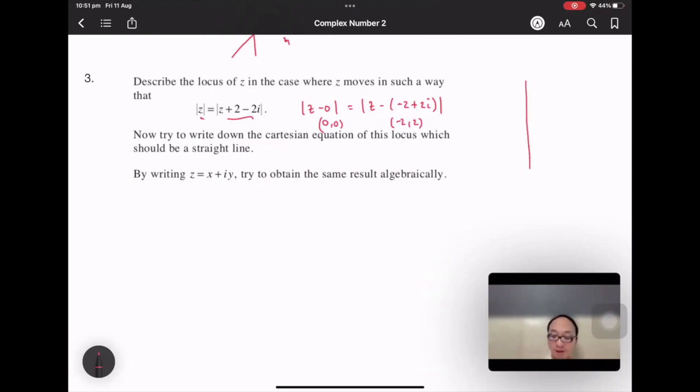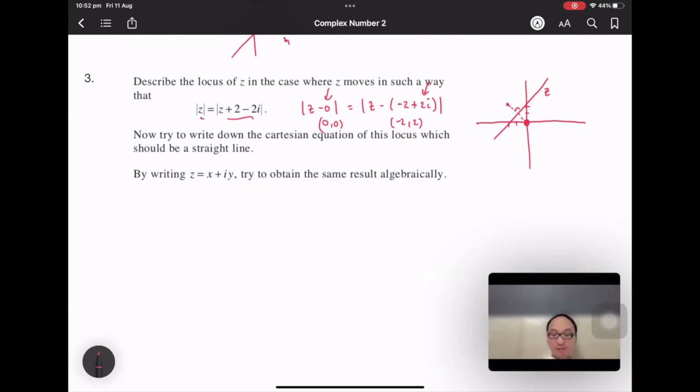So we draw 0, 0, and -2, 2, 1, 2, 1, 2. So this is the perpendicular bisector, the solution of the complex number that has equal distance to both (0, 0) and (-2, 2).